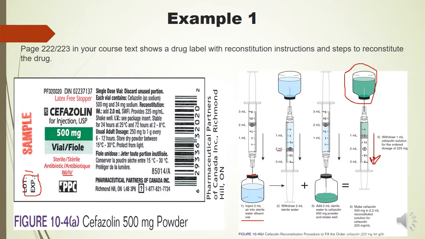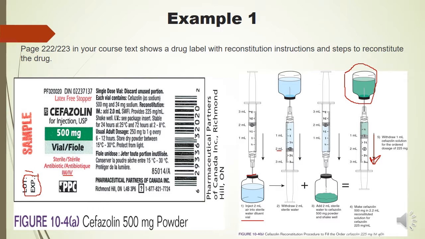Now, once we have added our air, we're going to draw back the amount, so in this case 2 milliliters, just as discussed on this label. So we're going to draw back that amount of sterile water. This is our reconstitution vial, this one right here with the lovely green stuff in the bottom. So this is our solute, our powder, of cefazolin.